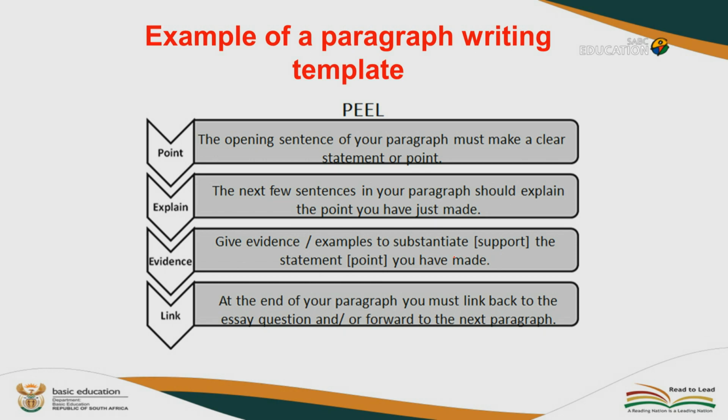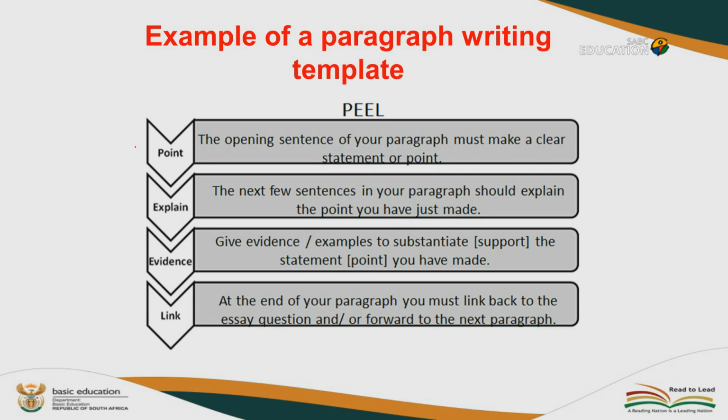Right. Now, essay writing in history, as I said, requires a structure. What is that structure? That structure, we call it the PEEL system. The PEEL system has to do with the point, which is the opening statement of your paragraph. Every time you enter into a new paragraph, you must give us a point.